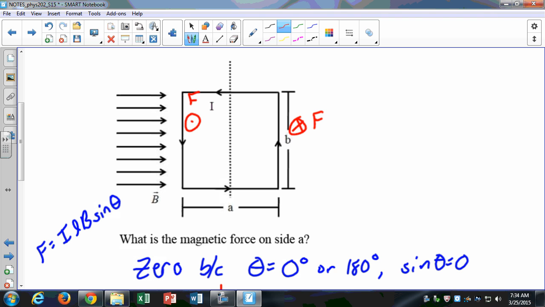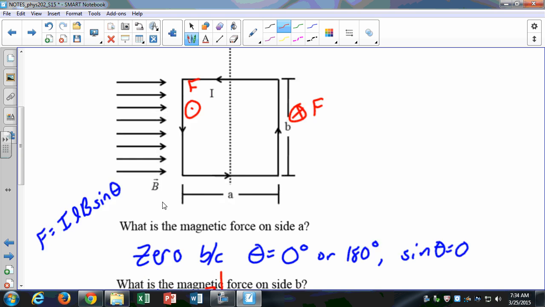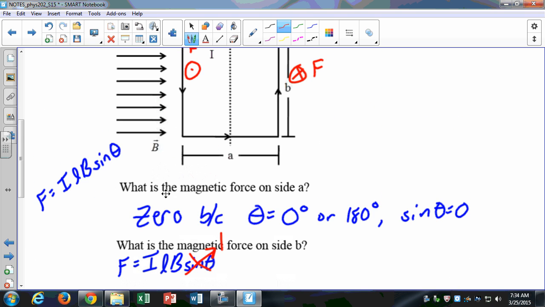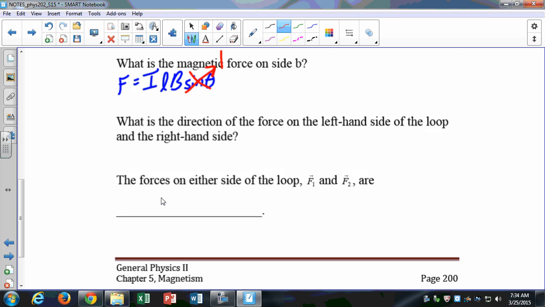So if I can imagine this loop, it's going to spin around when I run this current through this wire. I have one force going here, one force going here. And so this loop is going to spin like this. This side coming out, this side going in. All right. So on the left-hand side, out of the page, right-hand side, into the page.